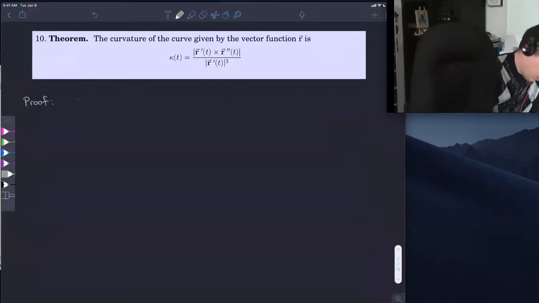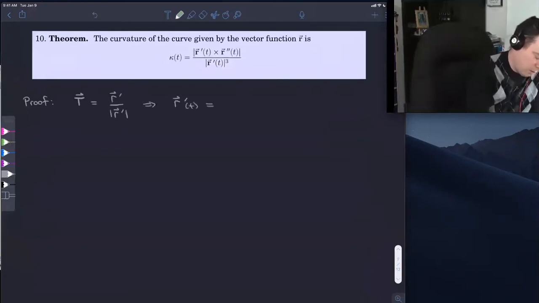So in order to do that, we first start with what the unit tangent vector is. It's r prime over the magnitude of r prime. Another way to write that, and I'll put the t's in here because these are functions of t, I just left them off in the first expression: r prime of t is the scalar magnitude of r prime of t times the unit tangent vector.